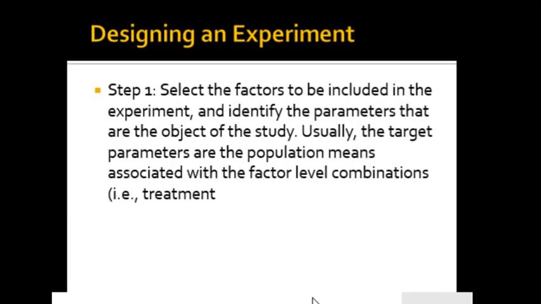Now for designing an experiment, we can follow these steps. The first step is to select the factors that need to be included in the experiment and identify the parameters that are the object of study. Usually the target parameters are the population means. So we are usually trying to compare the population means associated with the various combinations or treatments.